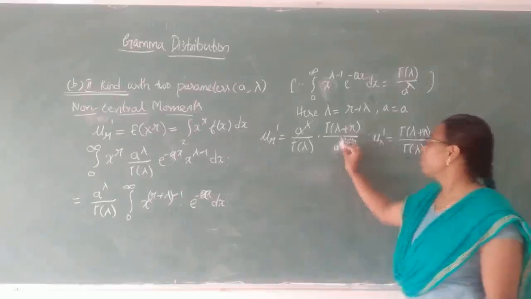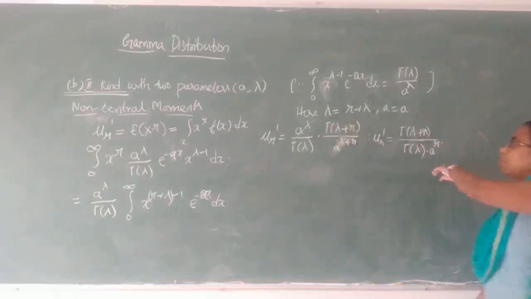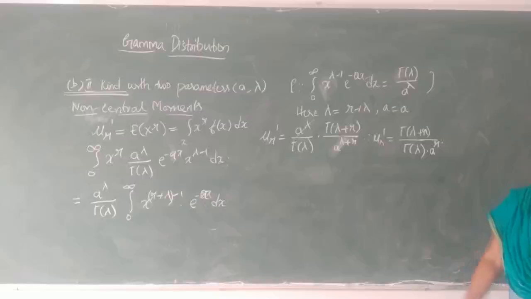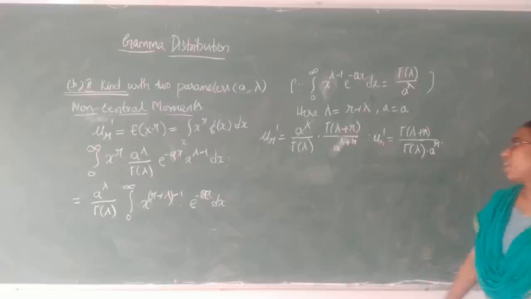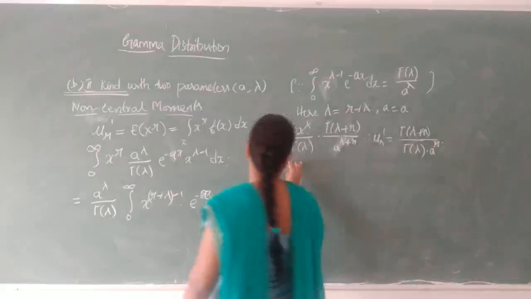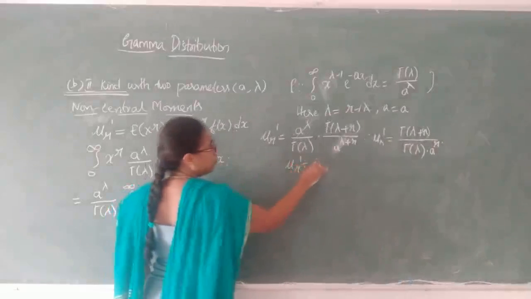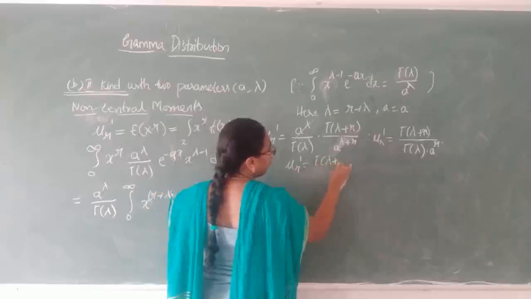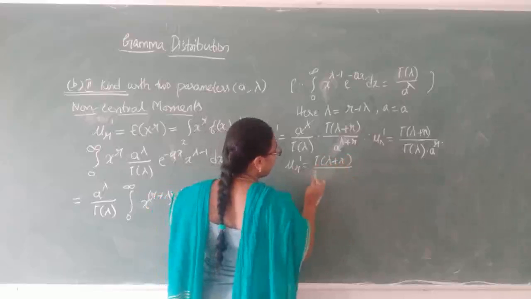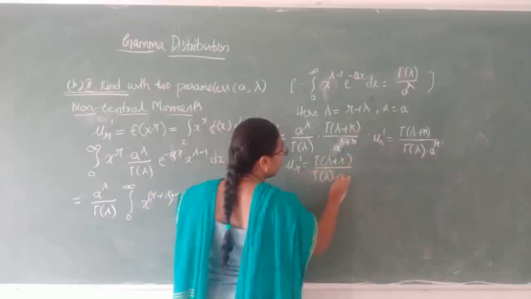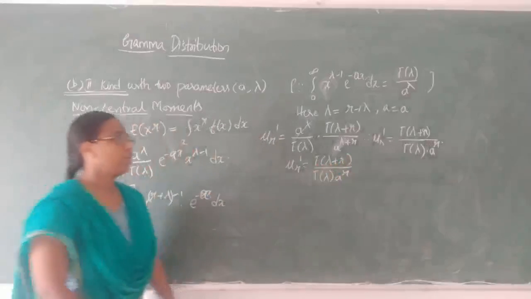So from this a power lambda cancels, and a power r will be left out. Therefore, the mu r dash value is gamma of lambda plus r divided by gamma of lambda into a power r.